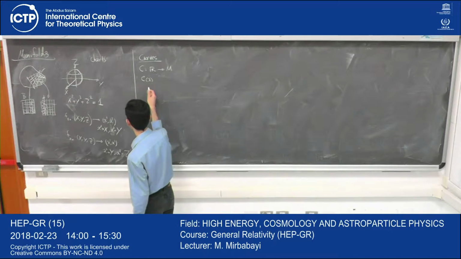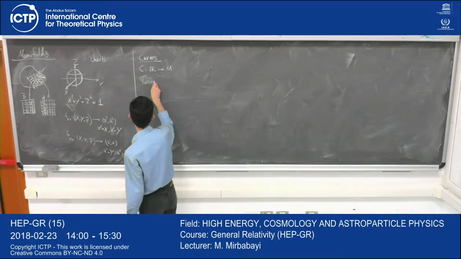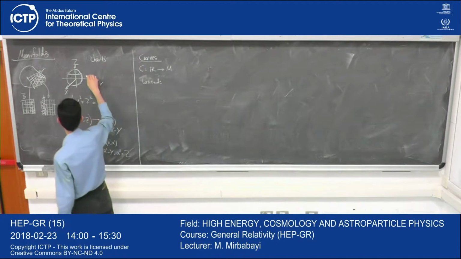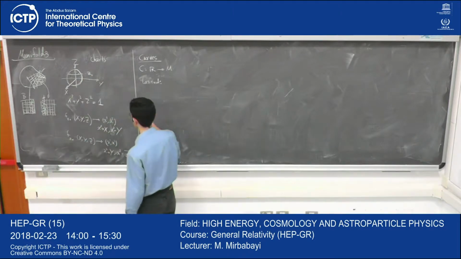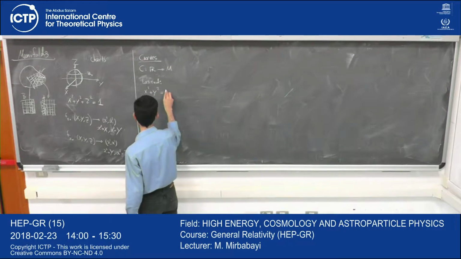So what is the definition of a latitude? Say it's a latitude that sits at some fixed height, z0. Then what it means is that x squared plus y squared is equal to 1 minus z0 squared.